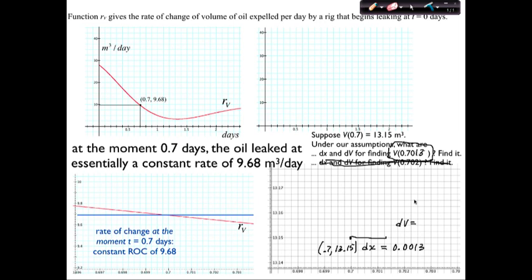Yeah, so suppose we're starting here at 0.7, 13.15. That's our initial. Okay, so did you figure out what dv was, based on constant rate of change? If we think of dv as like dy, it would be equal to m dx. So what is it? And what's m?